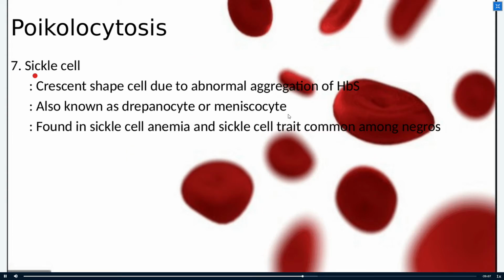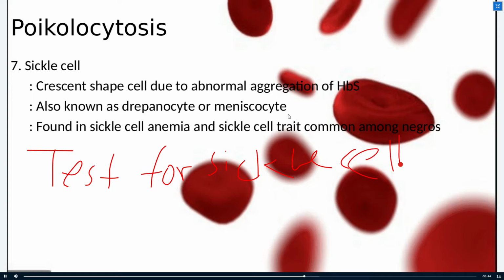Now, next one would be your sickle cell. So this is characterized by a crescent-shaped cell due to abnormal aggregation of your hemoglobin S. Then what is the test used for sickle cell?